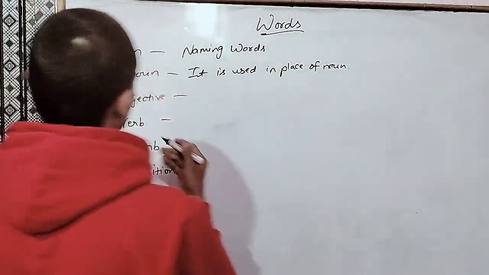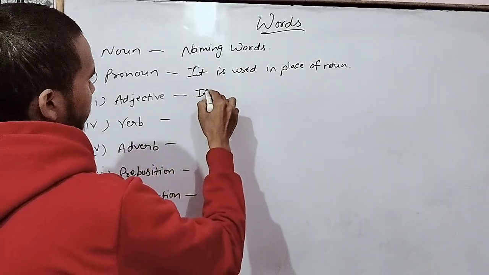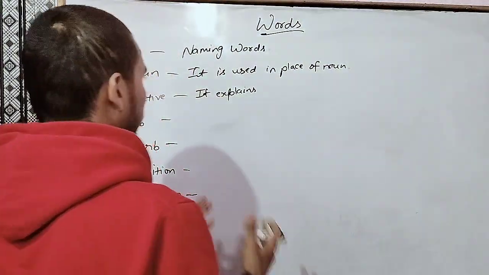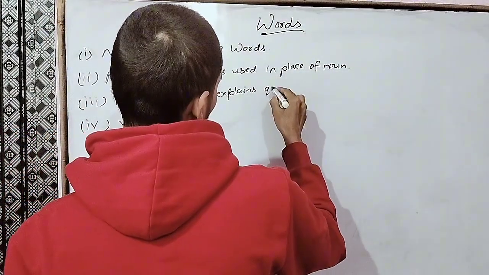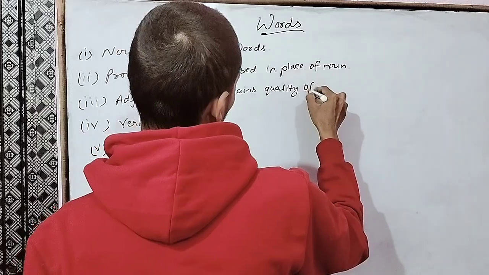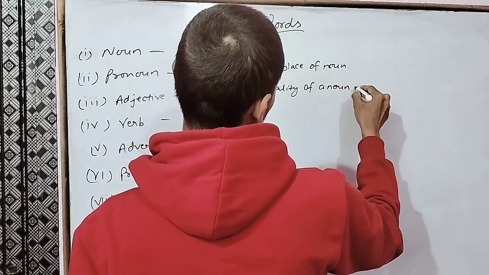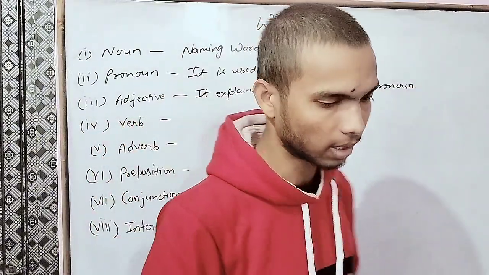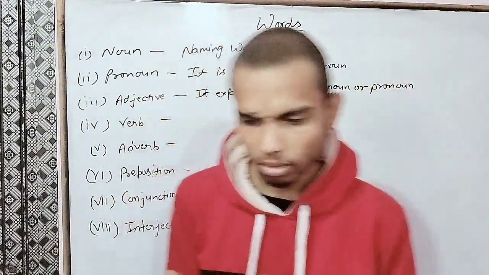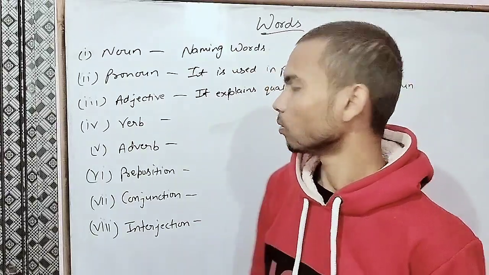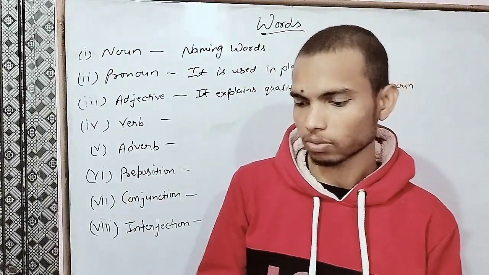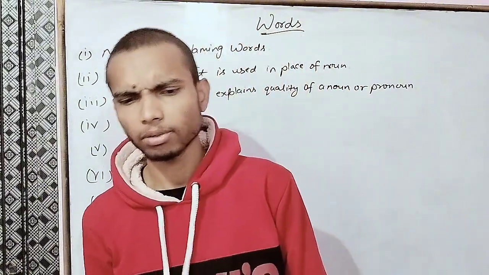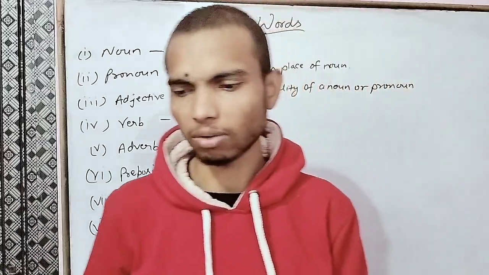Adjective. It explains the quality of a noun or pronoun. For example, this flower is beautiful.